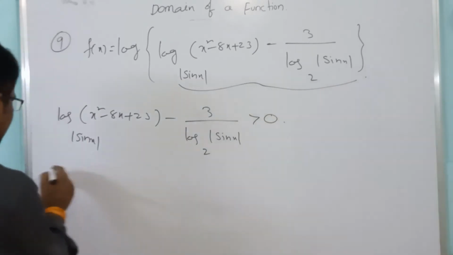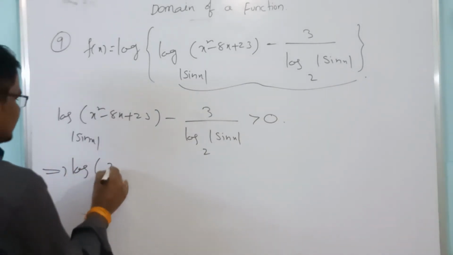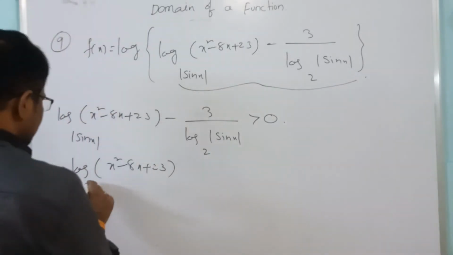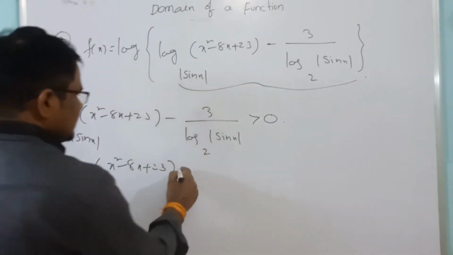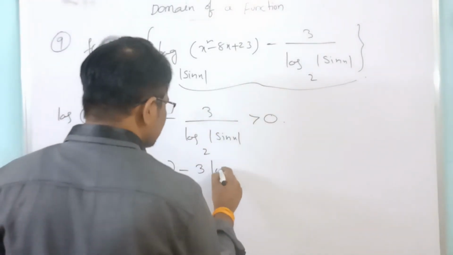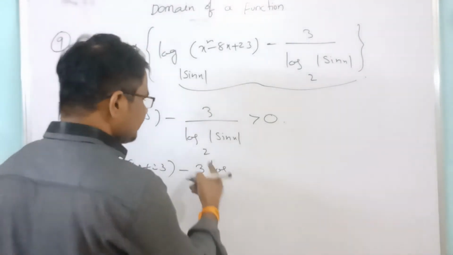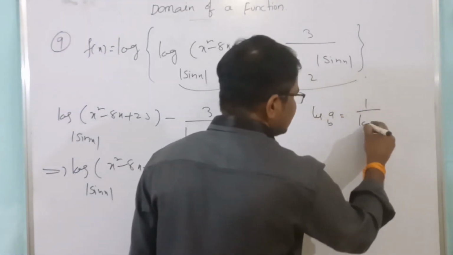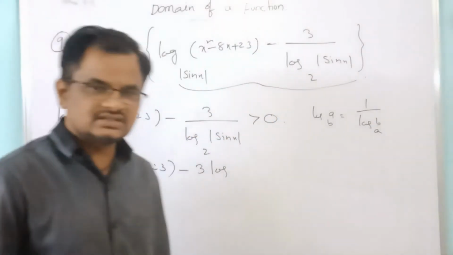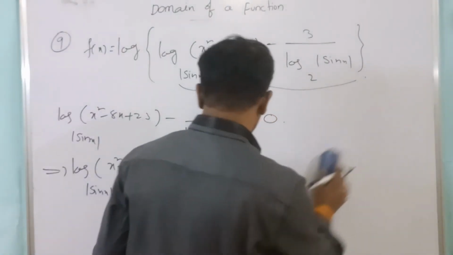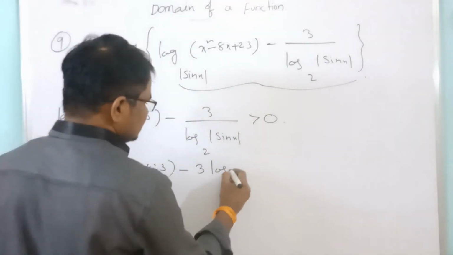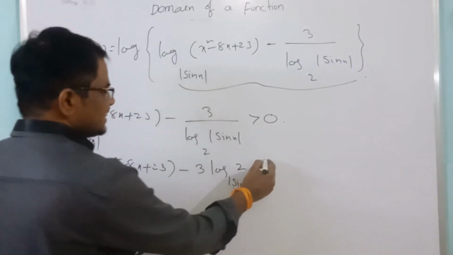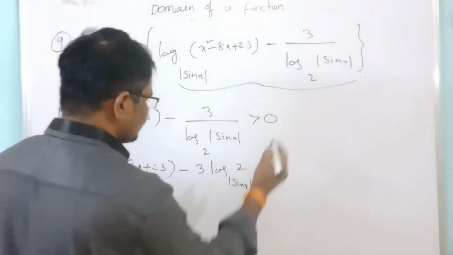Now it can be written as log of x square minus 8x plus 23 to the base mod sin x, minus 3 into log of mod sin x to the base 2. We know log a to the base b can be written as 1 by log b to the base a. So I will write it as log 2 to the base mod sin x, greater than 0.